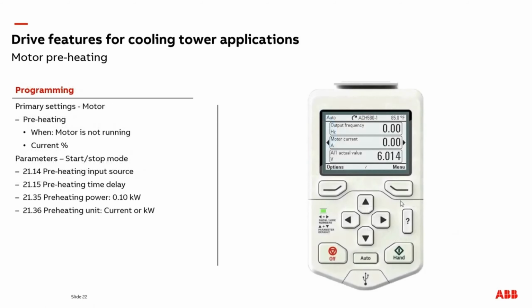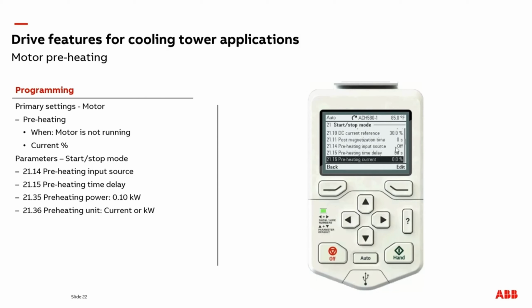To enable motor preheating, there are two menus available to access the settings. The first is primary settings, but in this menu you can only select when to activate preheating and what percentage of current. Instead, I'm going to go into parameters, the complete list, down to group 21 to select the motor preheating options.